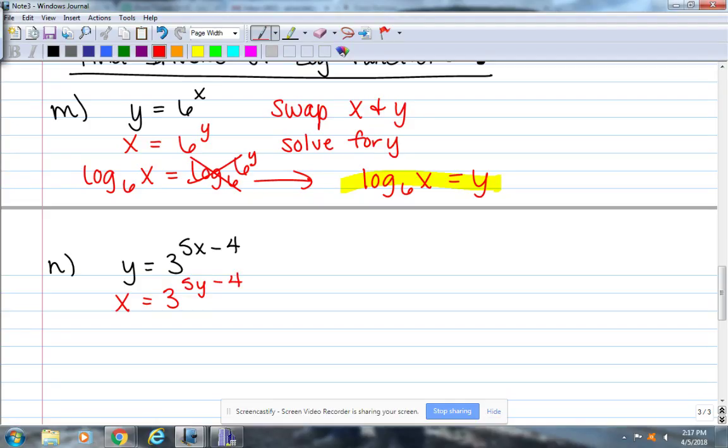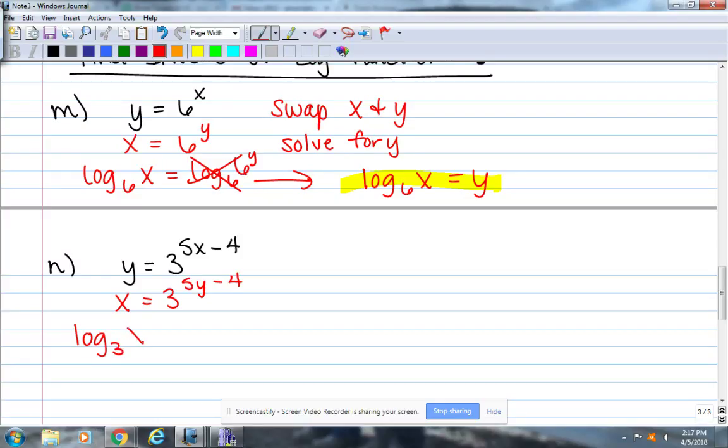All right. But my y, we've got to get y by itself, but it's stuck up in an exponent. So what undoes an exponent? The logarithm. So if I want to get rid of something in the exponent, I have to take a logarithm of both sides. Now, what's the base? 3. So I need to use log base 3 on both sides.